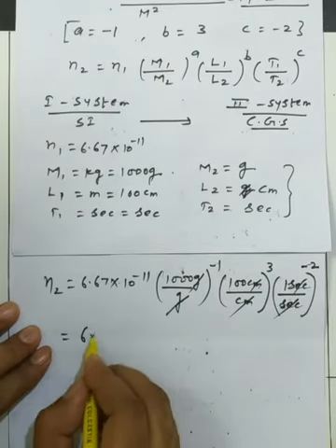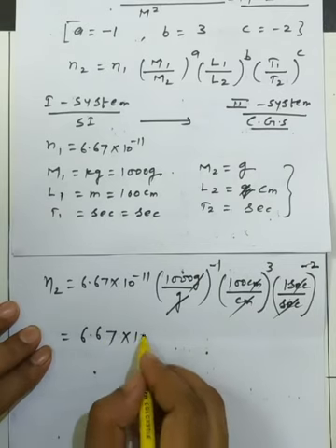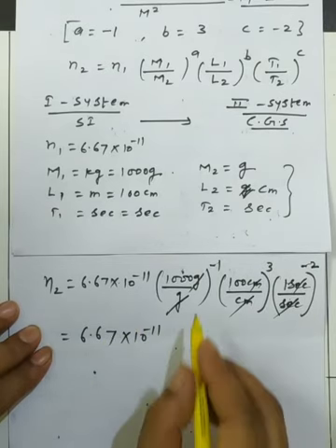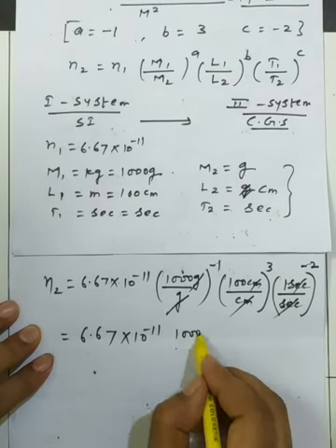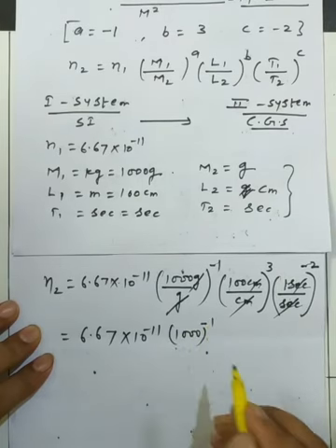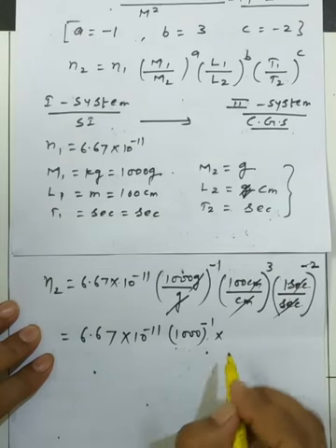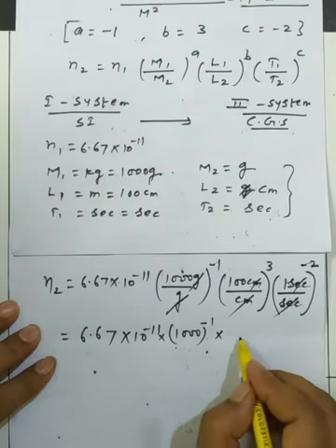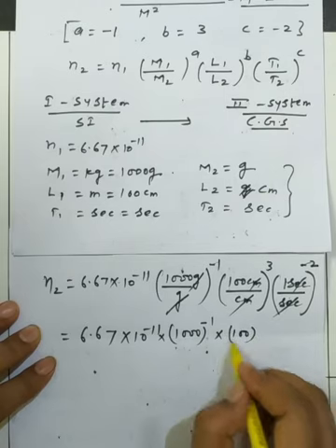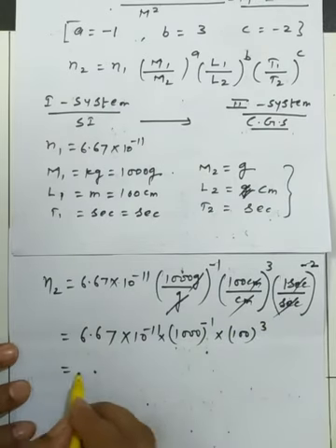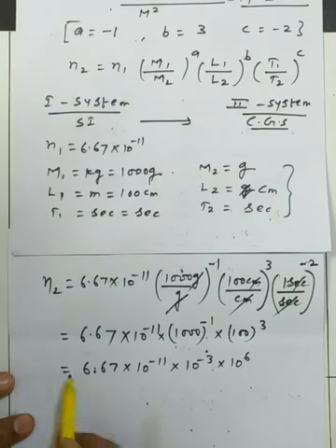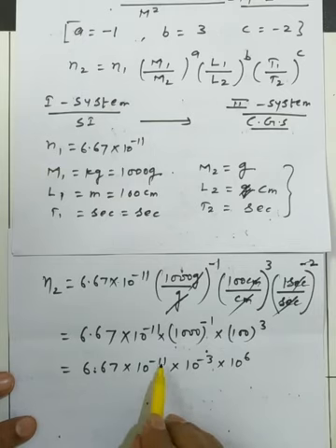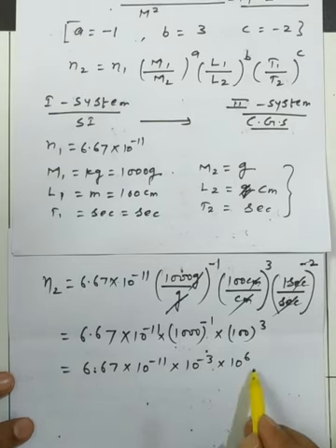So I am writing 6.67 into 10 to the power minus 11, with 1000 to the power of -1 and 100 to the power 3. Solving this fraction, I get 6.67. Now I have converted the powers with base 10: 10 to the power minus 11, 10 to the power minus 3 and 10 to the power 6.